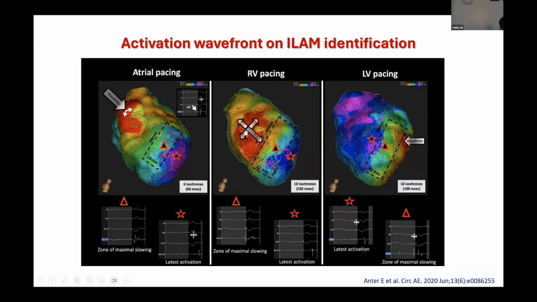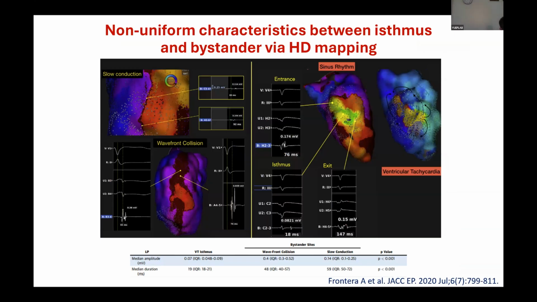In that study, they used atrial, right ventricle, and left ventricle pacing, and showed different deceleration zones, which sometimes are also responsible for different parts of the circuit. The VT circuit is also very interesting, because a long time ago we always considered the whole VT circuit to be slow. But actually, for the majority of VT circuits, only two components are relatively slow.